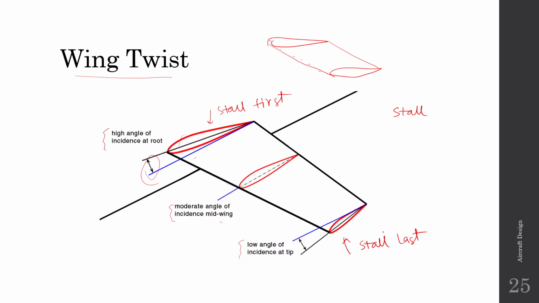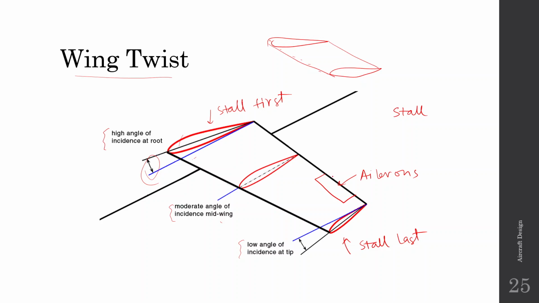Now one more thing you have to remember is that your ailerons are located towards the tip of the wing. So these are the ailerons, and they're located towards the tip of the wing. If your tip stalled first, then you would lose roll control, or roll control might be erratic and violent.